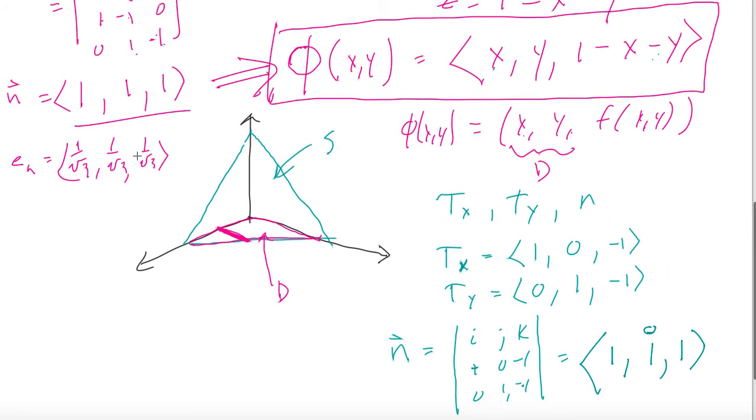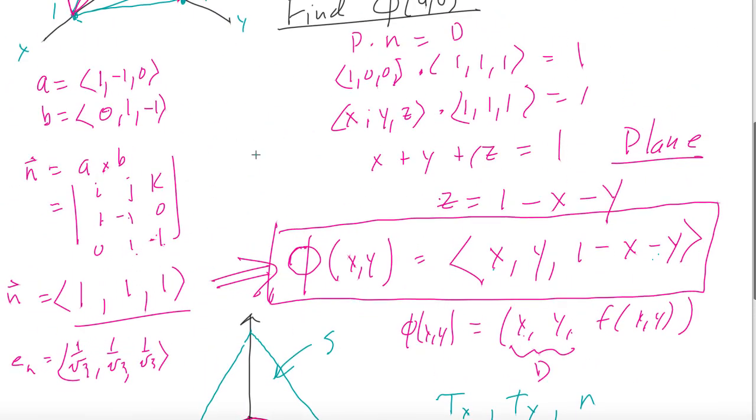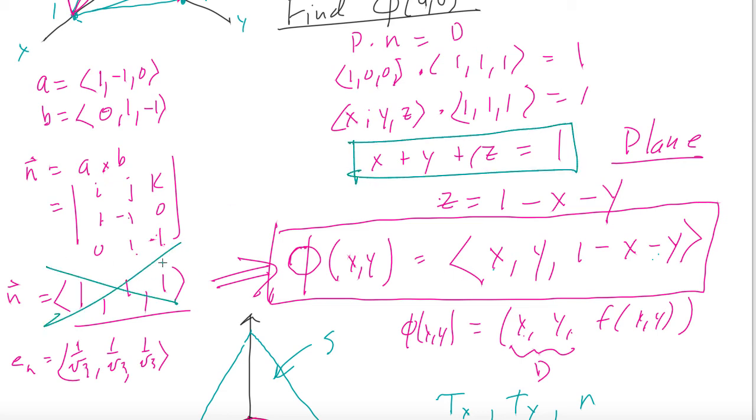But this one, it just so happened that because this was a plane, I found a vector. That was only to get this. So, but I'm not allowed to use this in the calculation.